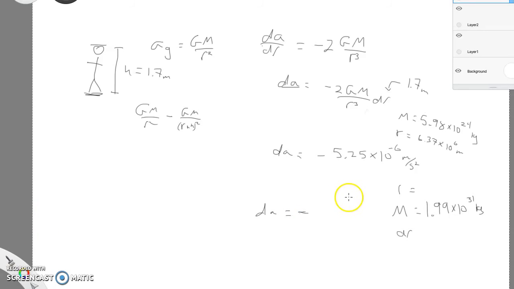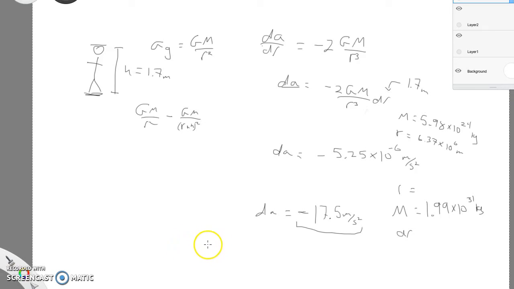What I found is that you have a difference of about 17.5 meters per second squared of acceleration between your feet and your head as you're getting pulled into the black hole. This means that your feet are being pulled faster than your head.